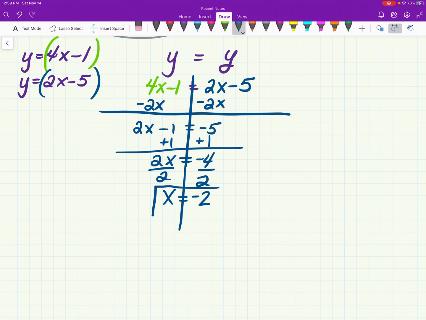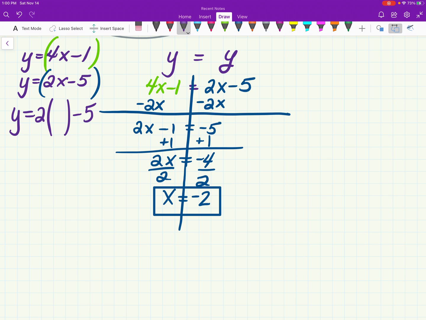Now here's the question. If you gave me x equals negative 2 as a solution, would it be correct? Well, it'll only be partially correct because I don't know what the y value is at negative 2 that we need to cross at. So we have to plug it back in. Again, it doesn't matter which one we plug it back into. I'm going to plug it back into the lowest one because it's right there. Instead of the x, I'm going to put a mathematical blank.